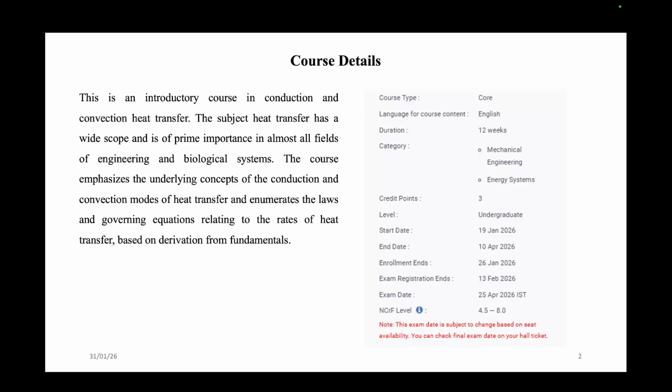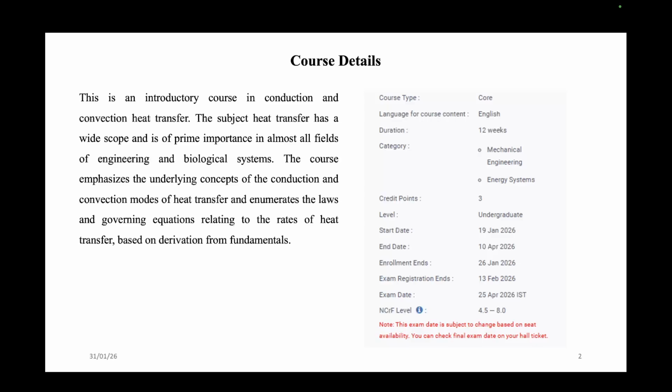The underlying concept of these two modes of heat transfer we will study in this course, along with the governing equations, how to derive them, and what the fundamentals for this derivation are. This is a 12-week course and we are in the second week. Many of you have already enrolled for the exam.